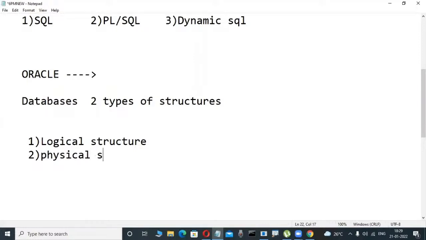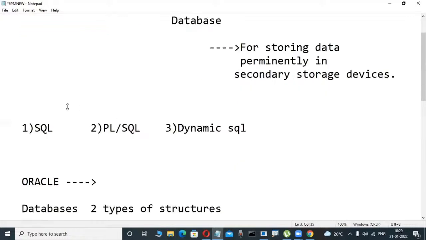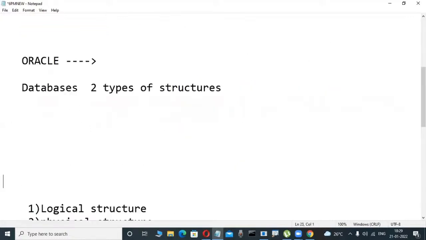Before we explain what the logical and physical structures are in these database software, let's look at the database definition in books, which many people write like this. Today at least you will understand.